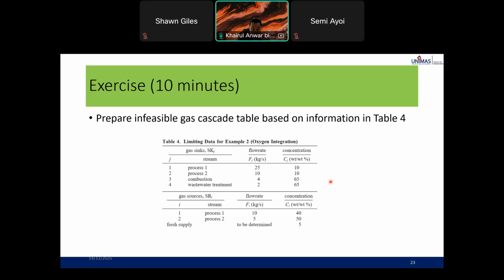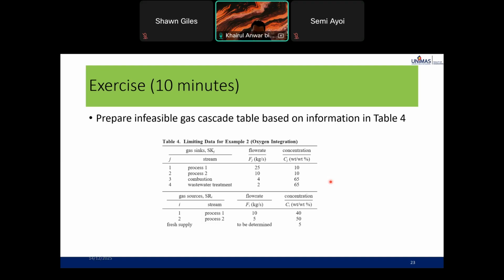In this case, once you define the pinch, then you need to construct another table with the FF based on the pinch. For this, based on the paper, the pinch is at concentration level 3, or 30 kg per second.